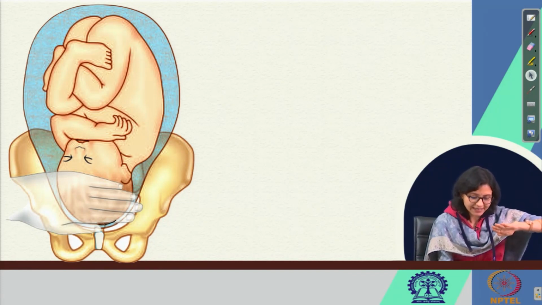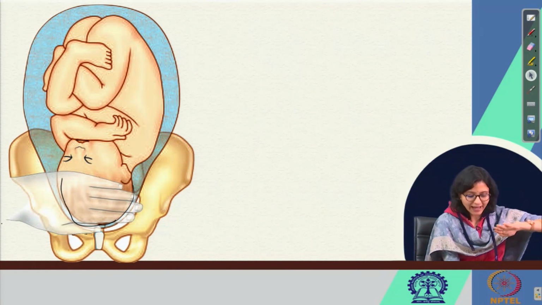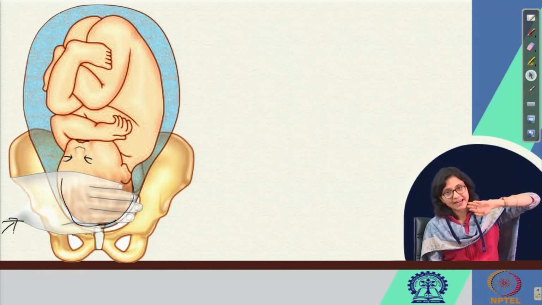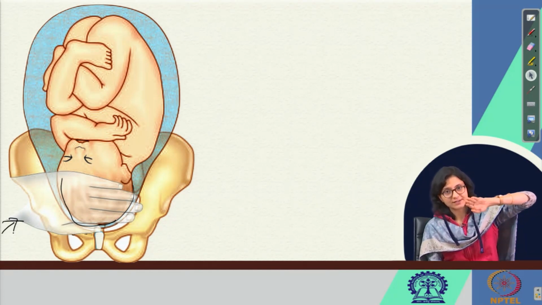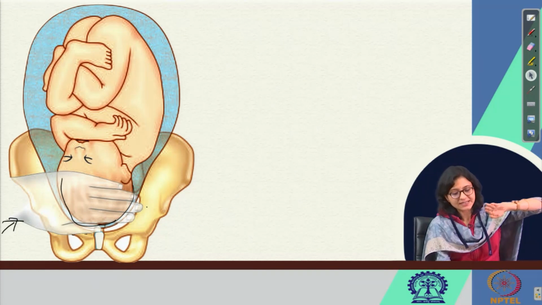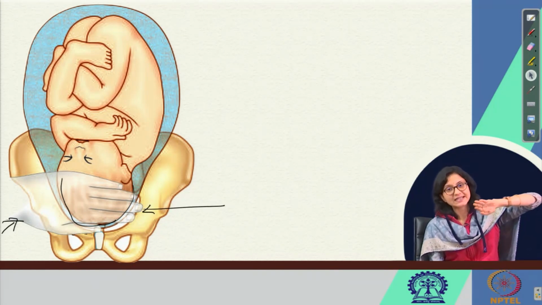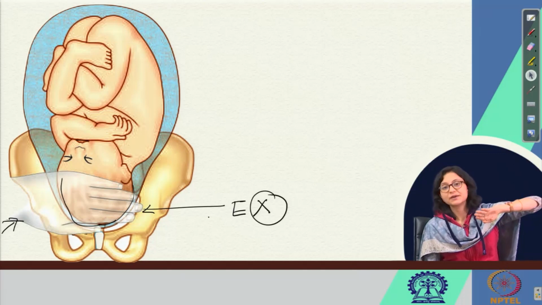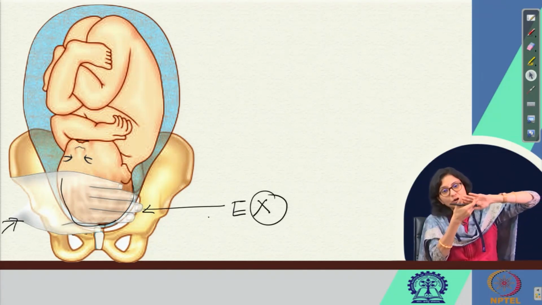With the hand of the examiner, we can palpate the whole of the fetal head by all the 5 fingers, and thus we say that the fetal head is above the pelvic inlet. So there is no engagement. Engagement has not occurred. Slowly the fetus will go down.